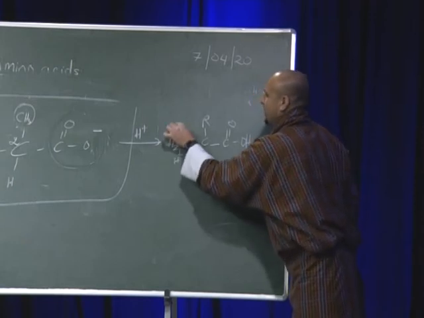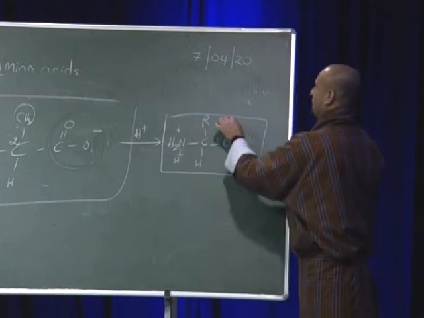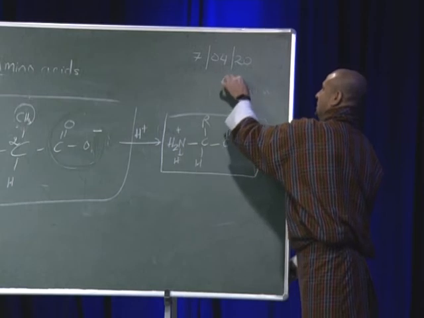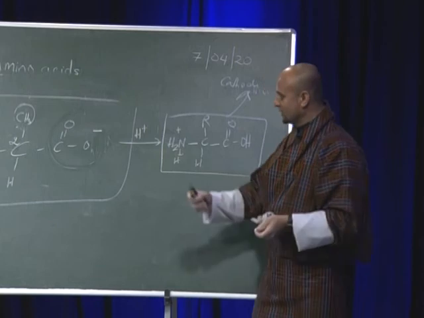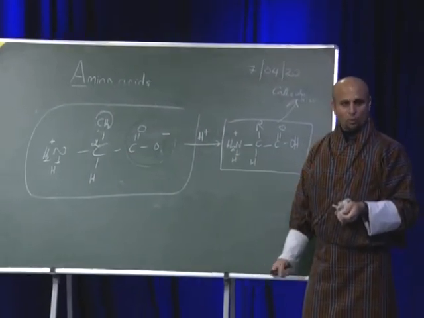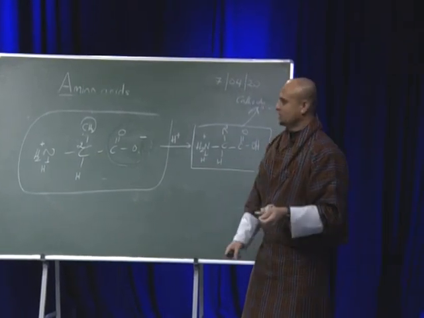So it will behave as a positively charged ion, and this will always migrate towards the cathode because it is a positively charged ion. So in this reaction, it is behaving as a base because it is reacting with acid. Why base? Because it is accepting a proton, hence it is a base.